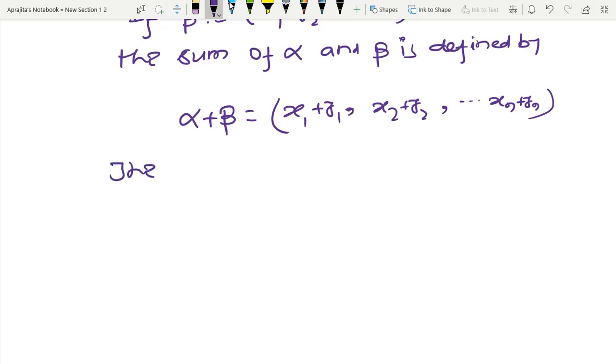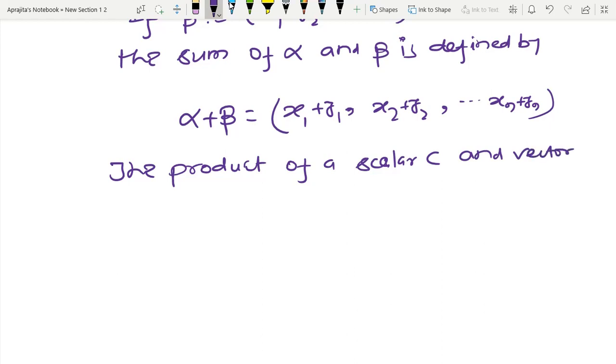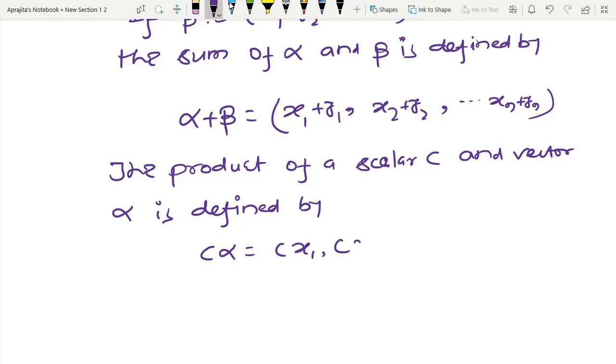So the product of a scalar C and vector alpha is defined like this: C times alpha equals (Cx1, Cx2, up to Cxn).